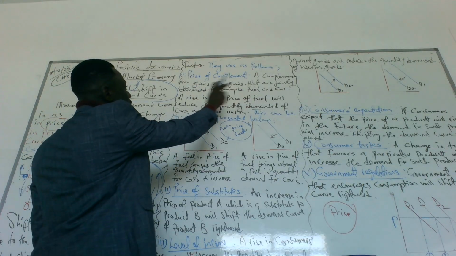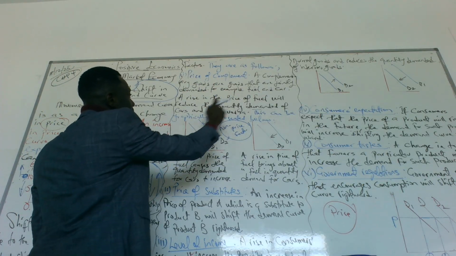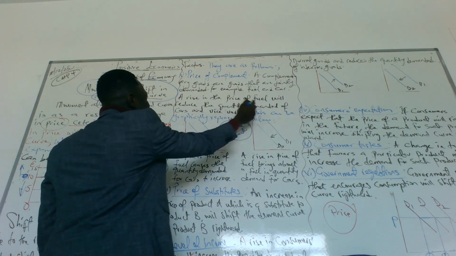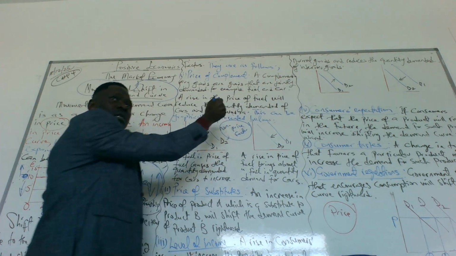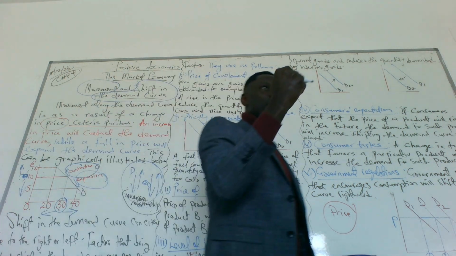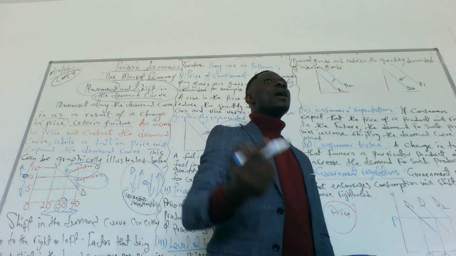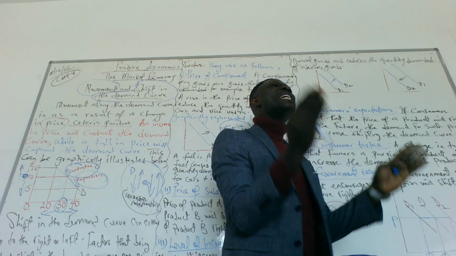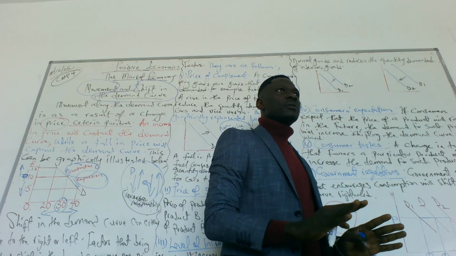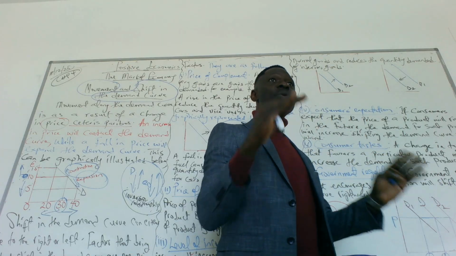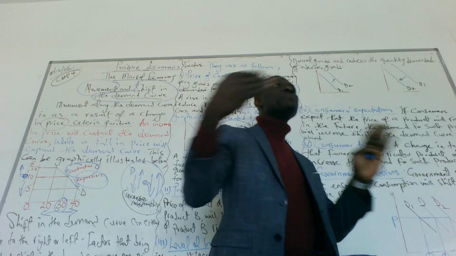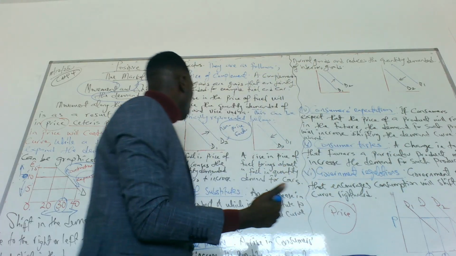Complementary goods are goods that are jointly demanded. For example, fuel and car. A rise in the price of fuel would reduce the quantity demanded of cars, and vice versa. So if the price of fuel reduces, the quantity demanded for cars might also rise. So that will bring about a shift in the demand curve. We're not talking about price. We're talking about other factors aside from price.